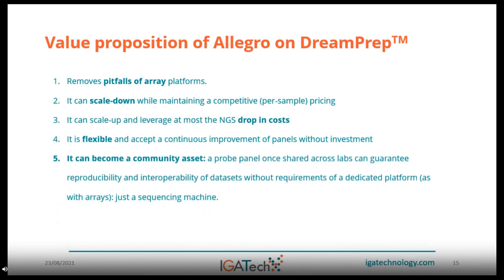And very importantly, we must mention that it can become a community asset. Once you have a full panel, you just need a sequencing machine and you're ready to go. So Allegro technology and DreamPrep automation can bring reproducibility and speed to the next level.